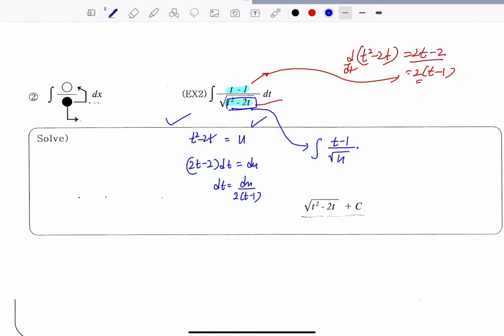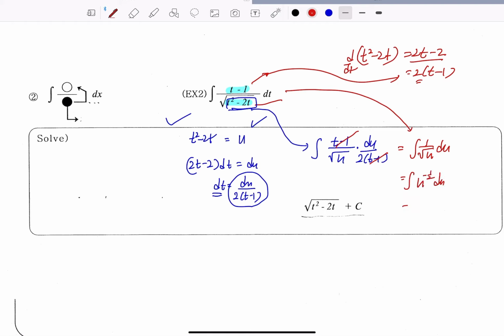And then dt means du over 2 times parenthesis t minus 1. And then you cancel out the common factors. So we can change the original one to the 1 over square root of u du form. Much simpler, right? Which means u to the negative 1/2 power du.